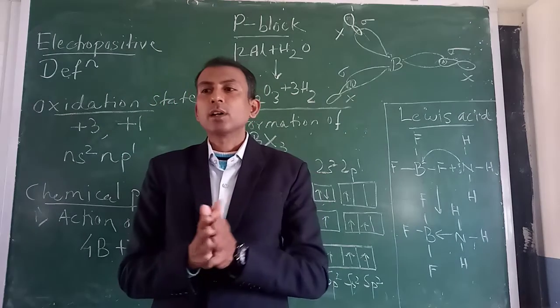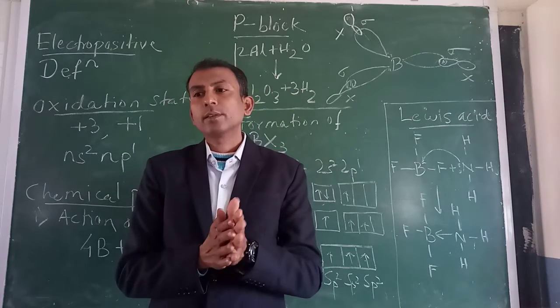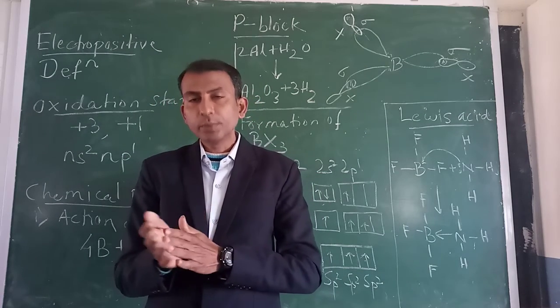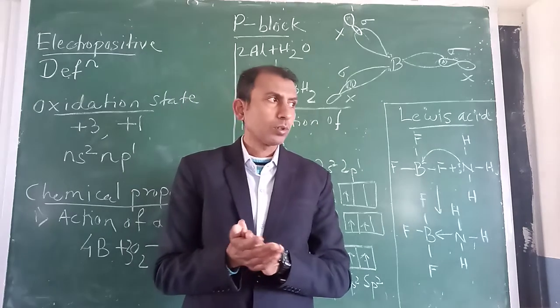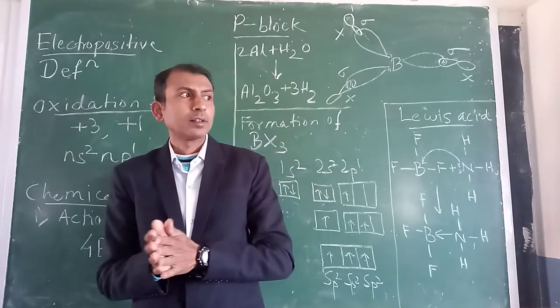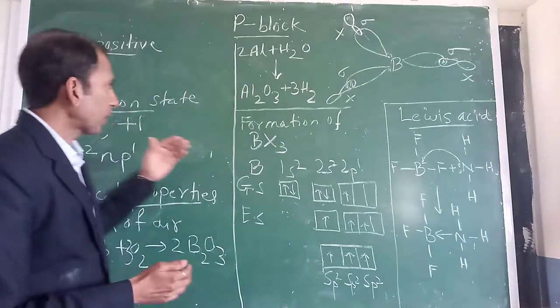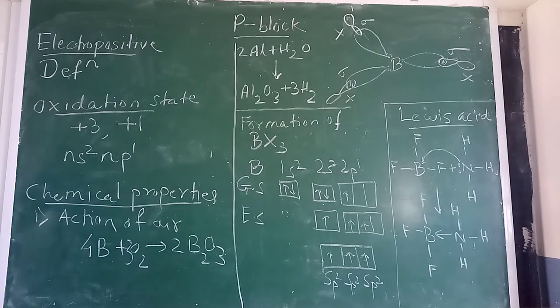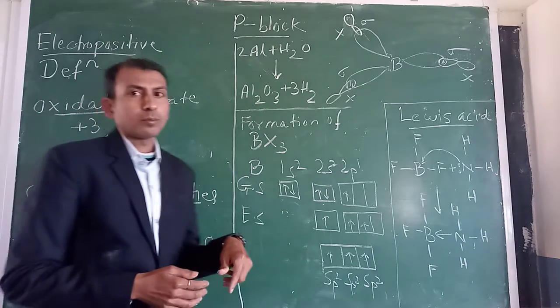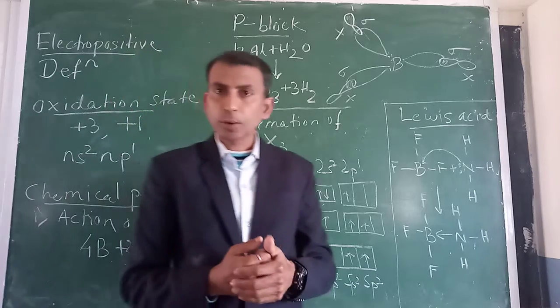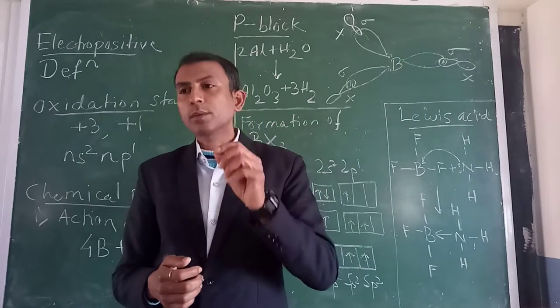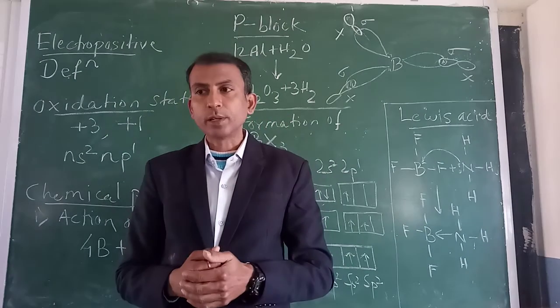So next element, okay, is aluminium after boron, and whatever part we have studied for boron, first whatever properties we have studied for boron, similar properties they are given for aluminium.